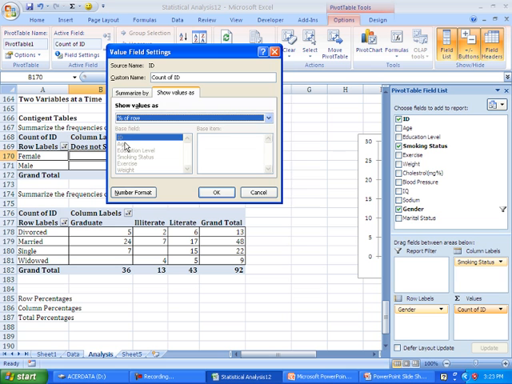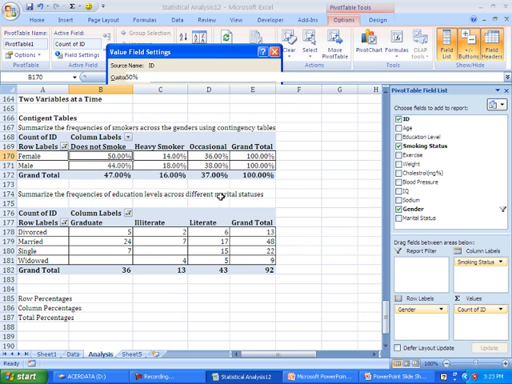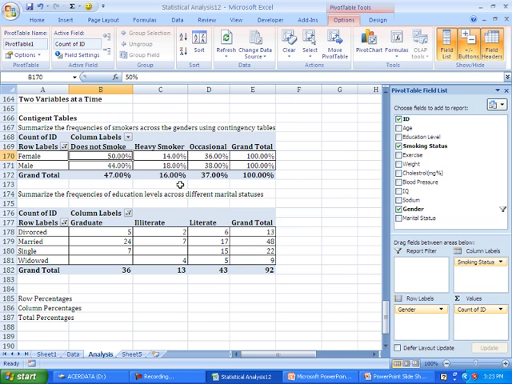When I select it as percentage of rows, everything gets updated in the row percentage. Out of the total females, 100% of the females, 50% of them do not smoke, 14% are heavy smokers, and 36% are occasional smokers. The same logic you can take it into any of your data as long as it is a 2 variable kind of data.